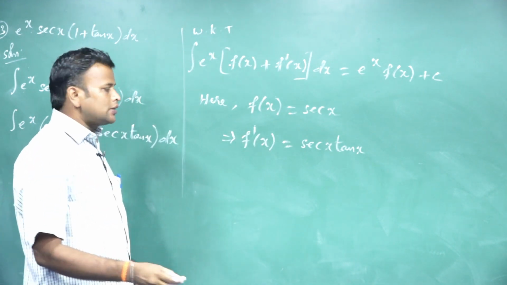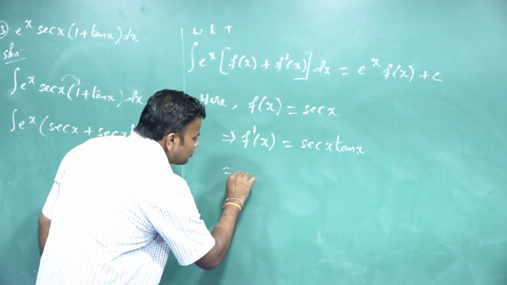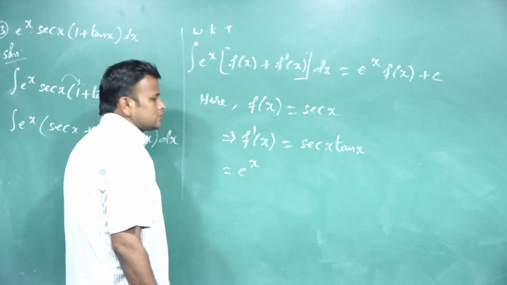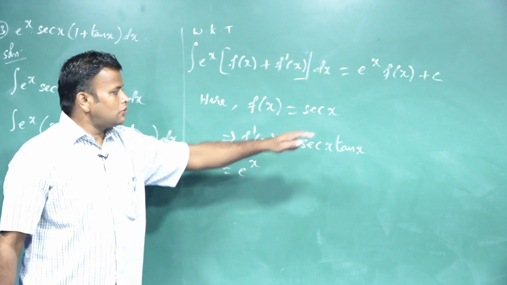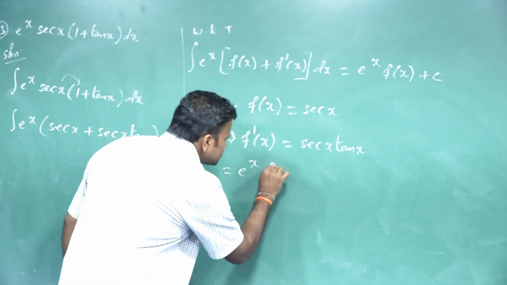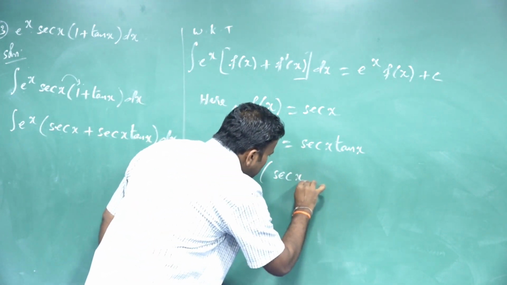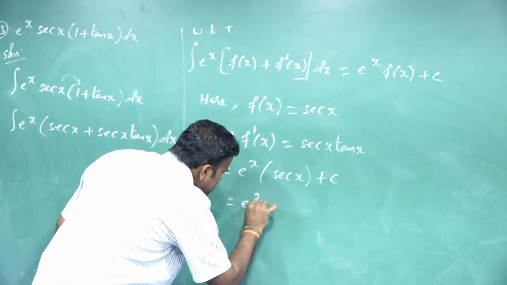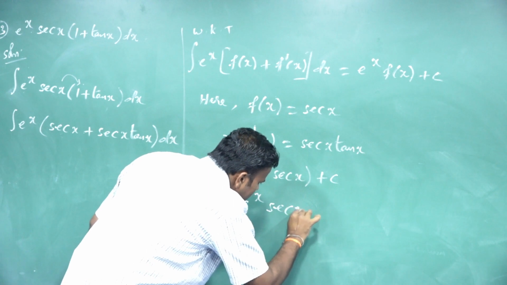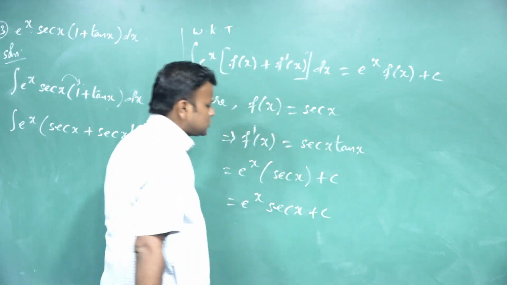So we directly write the answer: e power x, and what is the value of f of x here? Secant x. So e power x into secant x plus c. So the answer is e power x secant x plus c.